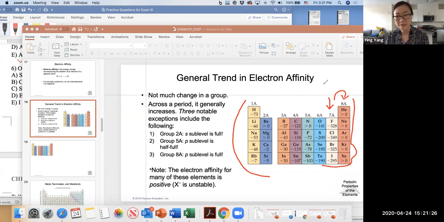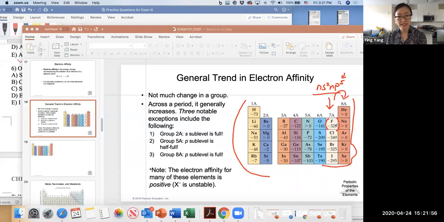Does it make sense? Because they have this electron configuration, when it gains 1 electron, it's going to have an octet structure, which is very stable. Therefore, it releases a lot of energy, so they have the most negative electron affinity. And within this group, the electron affinity is the most negative for fluorine.